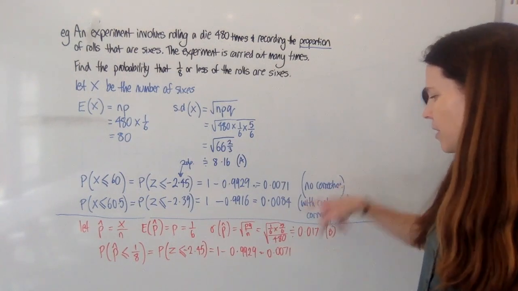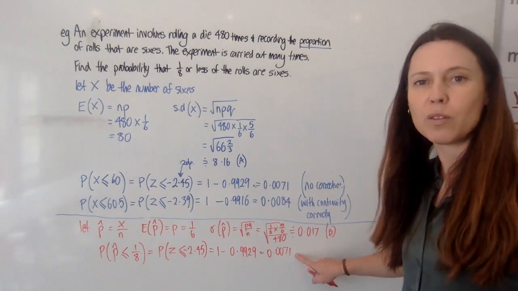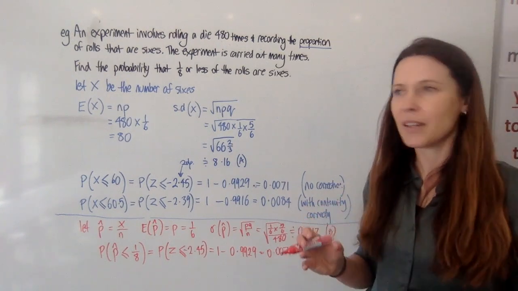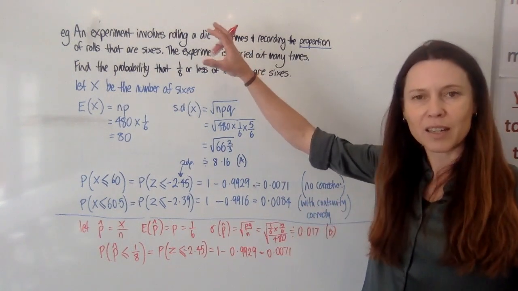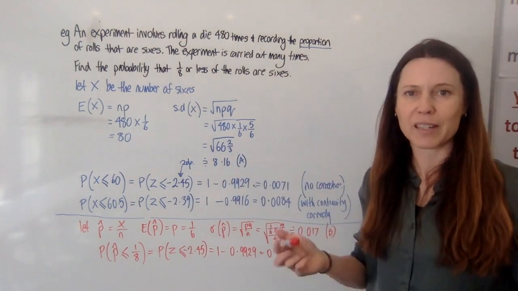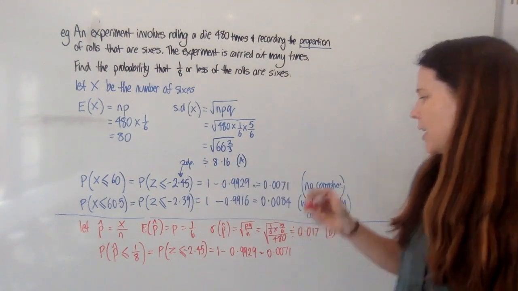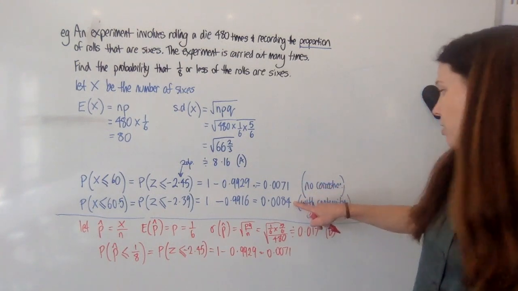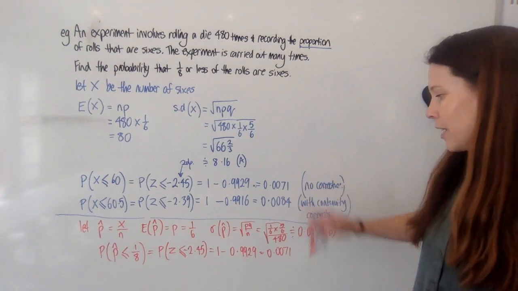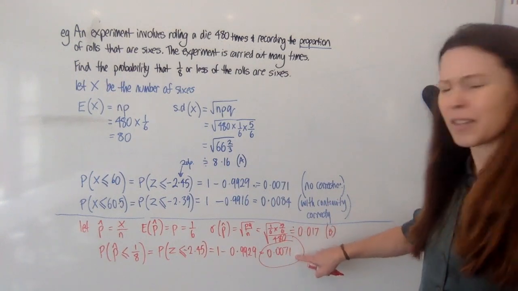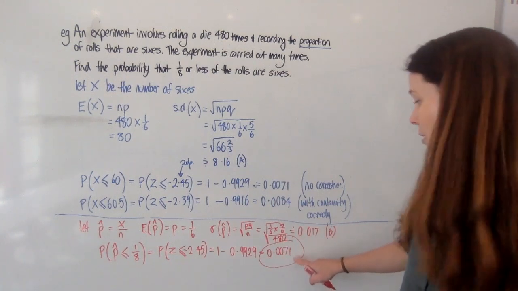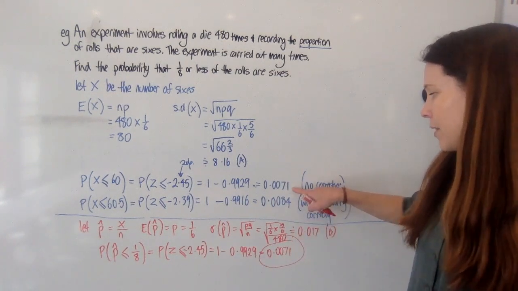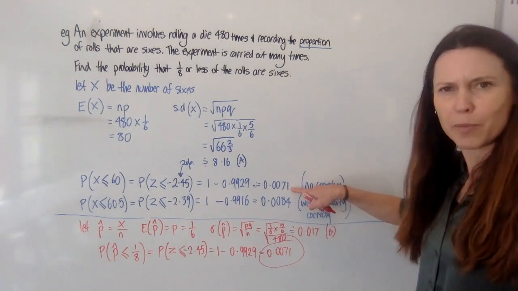So to my way of thinking, this method is a little bit flawed because it doesn't take into account the fact that we're using discrete data and approximating with continuous data. And it also highlights the fact that perhaps it's not such a big deal whether we use this correction factor or not, if we're going to then, in our syllabus, be using this method as well, because this method is effectively giving us the same answer as we get using this method with no correction.